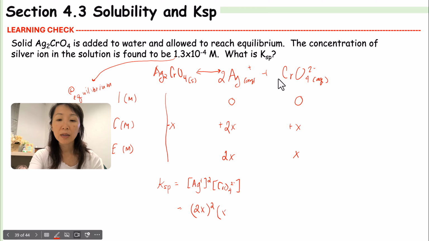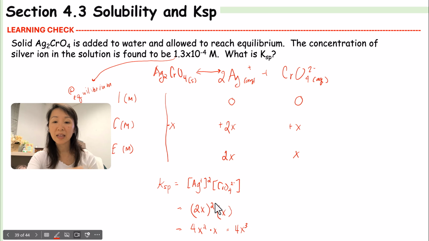And chromate is just x. If I were to put all this together, 2 to the second power is 4, and x to the second power multiplied by x, that would mean this is 4x cubed, and that's your Ksp.